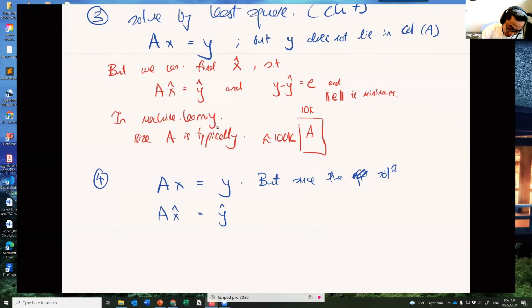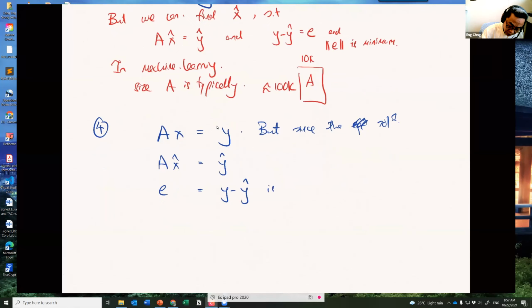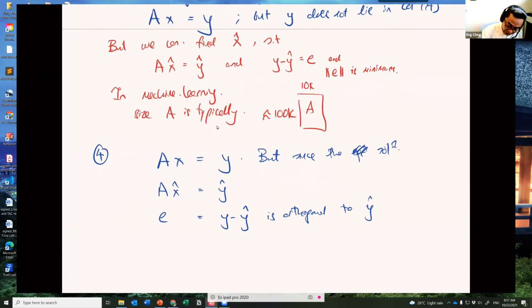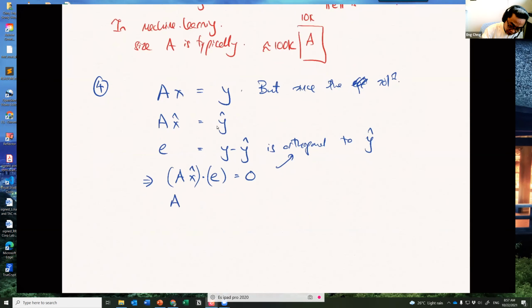Then E equals y minus y hat, which is orthogonal to y hat, implying the dot product of A x with E is equal to 0, because that's what it's saying.